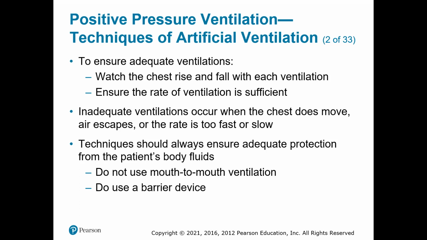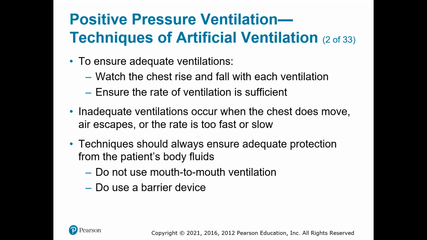Ensure the rate of ventilation. So knowing what your values are for adults, pediatrics, and infants. Every 5 to 6 seconds is great for an adult. It's about 10 to 12 breaths per minute. If you think about how much you breathe, because this is artificial ventilation, it can be a little bit slower.